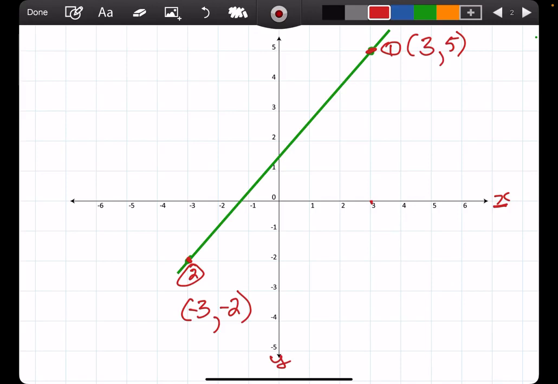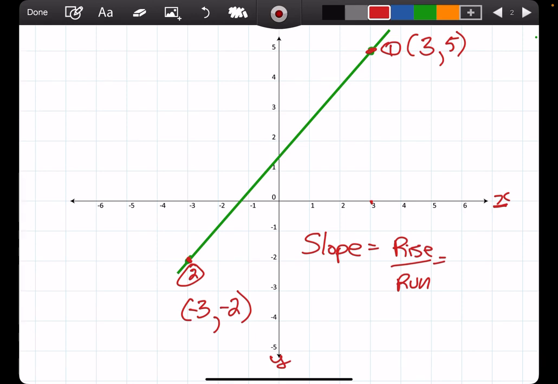Now, how do we find the slope using a graph? If I'm giving you this as a question and I say to you, find the slope of this line, then what we want to do is remember this formula. Slope is equal to rise over run. So when we talk about rise, I always say the sun rises before I go for a run.